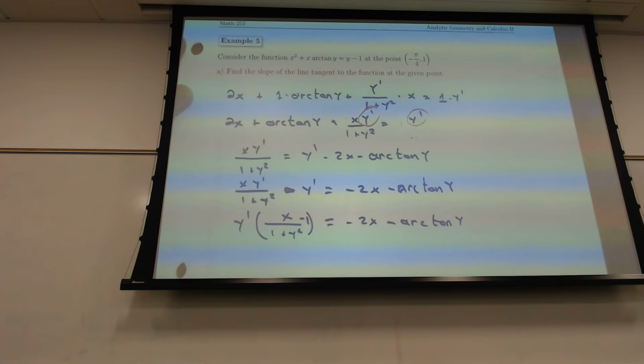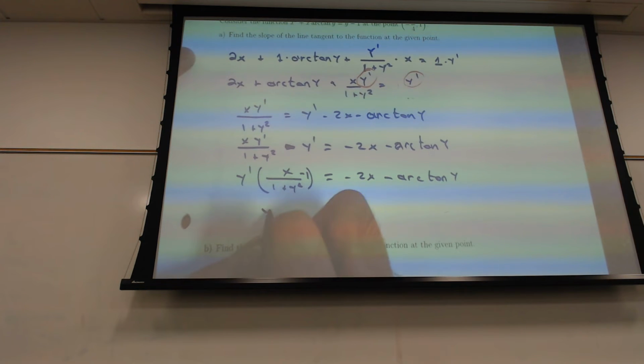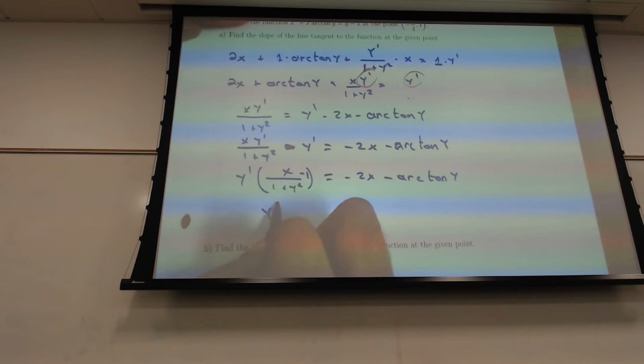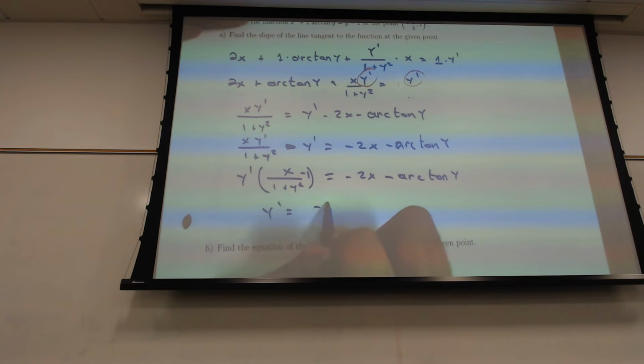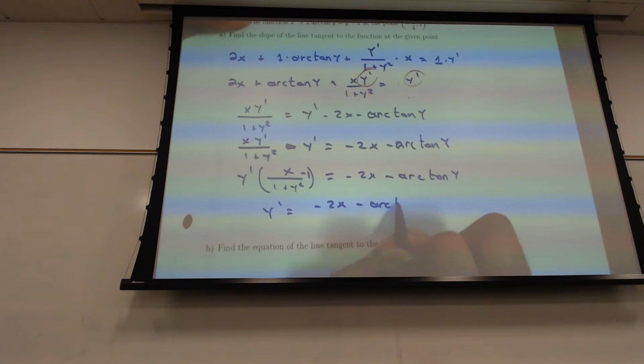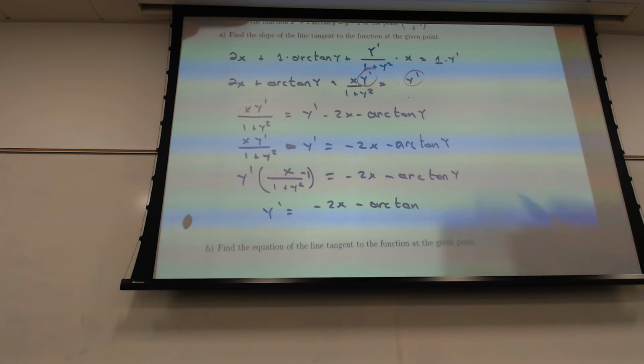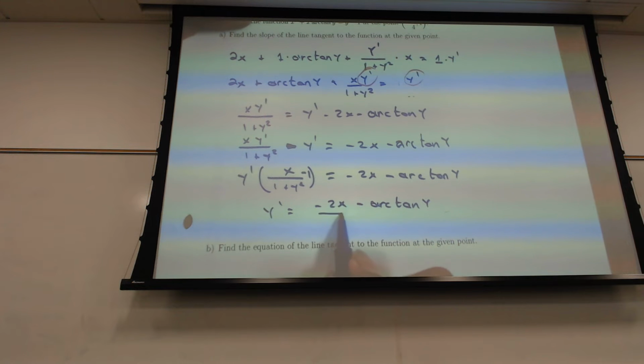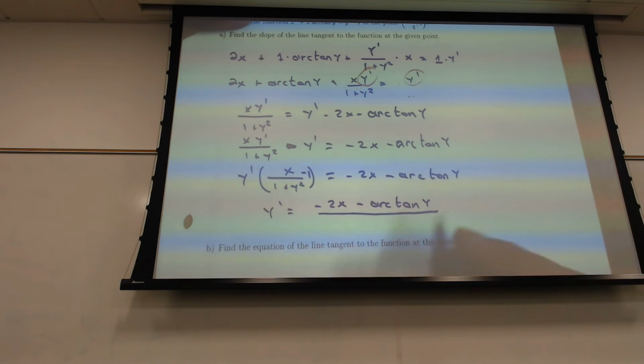And I know at the beginning of the section, I mentioned that we need to simplify this all the way. But in this case, because I'm not really just asking you for the derivative, I'm asking for the equation of the tangent line, we don't need to simplify this.